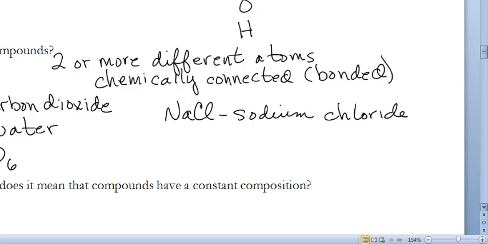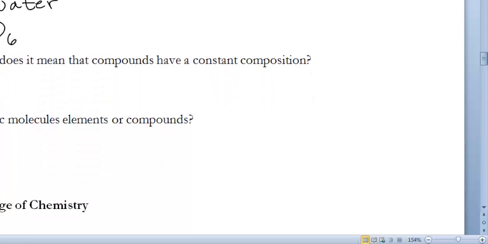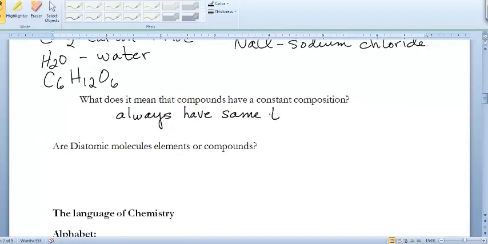And we say that compounds have a constant composition. And what we mean by that is they always have the same types of atoms, and they're always in the same ratio.